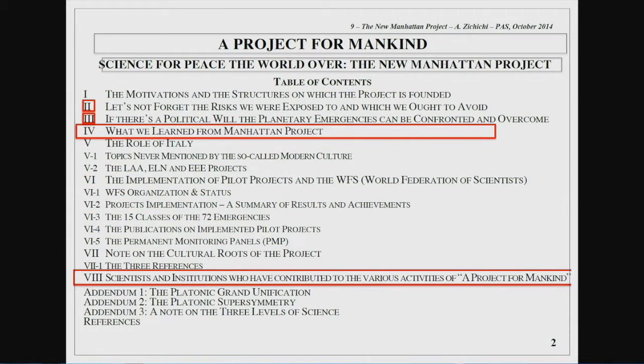The most advanced word we can use is atomic. And this is the reason why this incredible mistake of calling atomic what is nuclear has taken place. So do not underestimate what culture means.